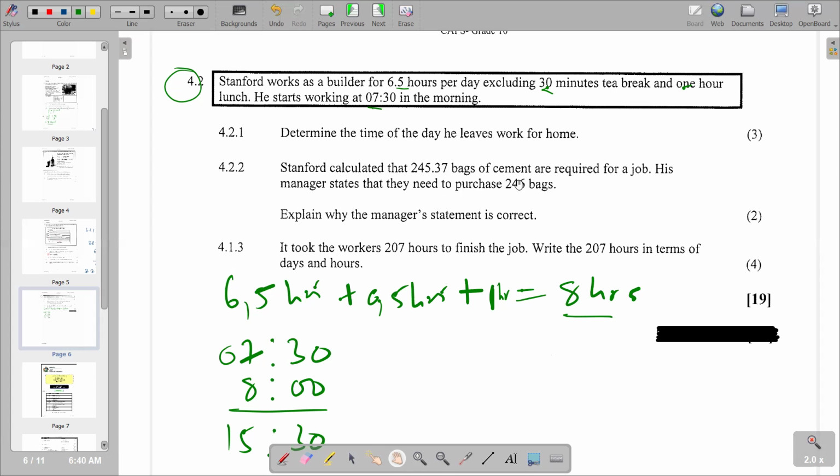That's why we are having 246. And the reason being that bags of cement, we cannot regard them as a fraction. So obviously we have to round up our response. So 4.2.2, we are saying the number of bags is being rounded up. That can be the answer that we can provide in terms of 4.2.2.